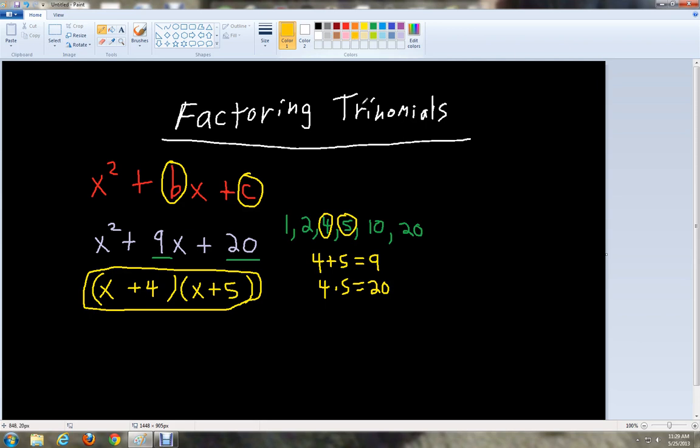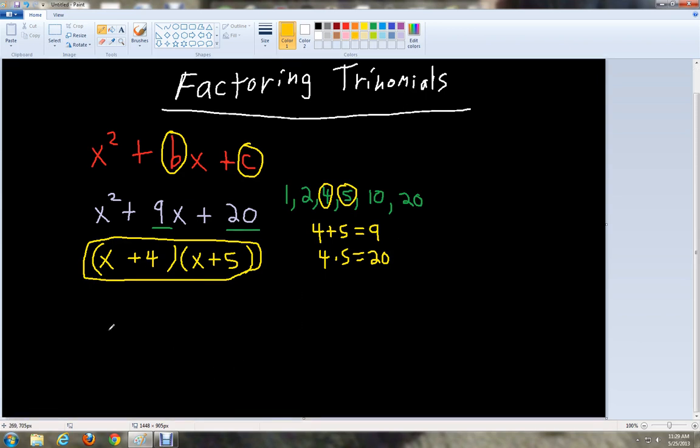Okay. So let's look at another example. We have x squared minus 6x minus 16. So in this example, notice that the signs are both negative. We have negative 6, negative 16. So the goal here is to find factors of negative 16 that'll add up to negative 6.